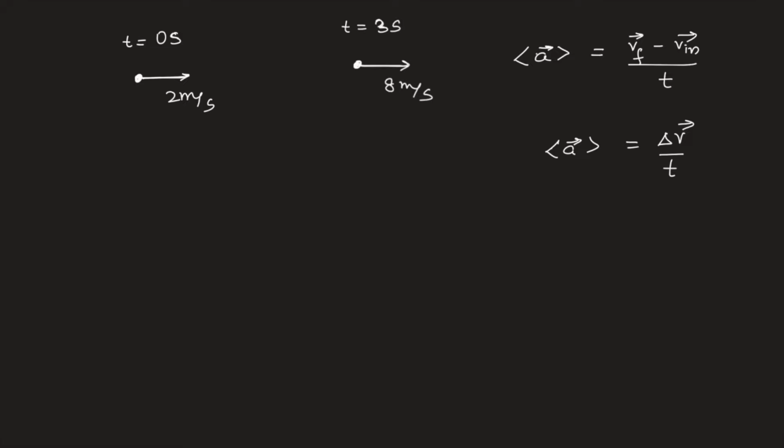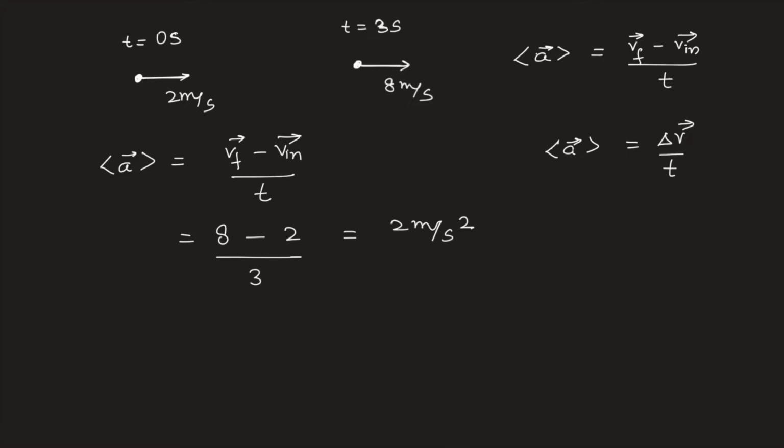So change means final minus initial, and in our case here the average acceleration becomes final velocity minus initial velocity divided by time. So final velocity is 8, initial velocity is 2, divided by time, that is 3, and 6 by 3 is equal to 2 meters per second squared.